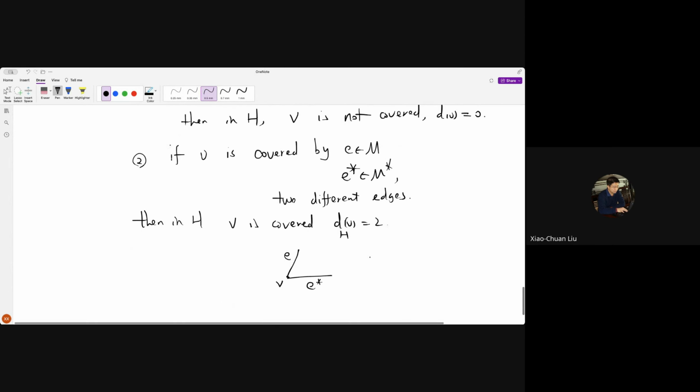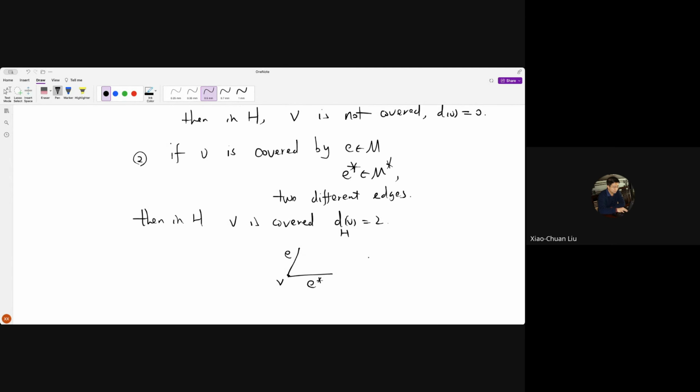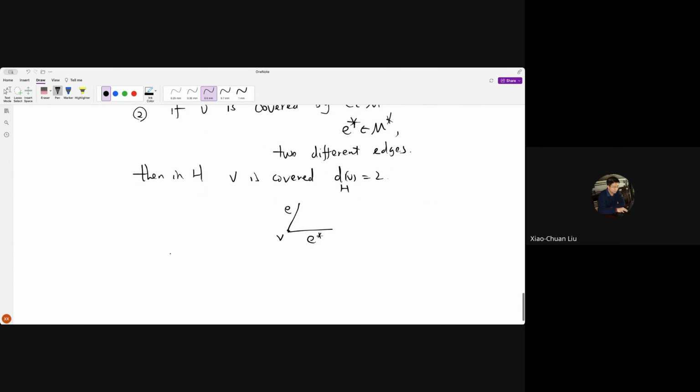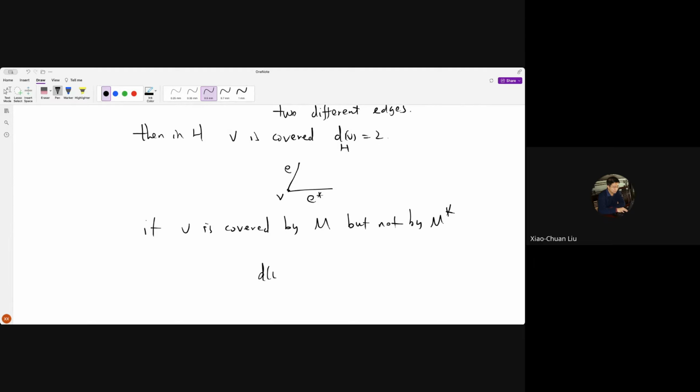If V is not covered by anyone, it's not covered by anyone. And also, if V is covered by M but not by M star, then the degree of V is 1.